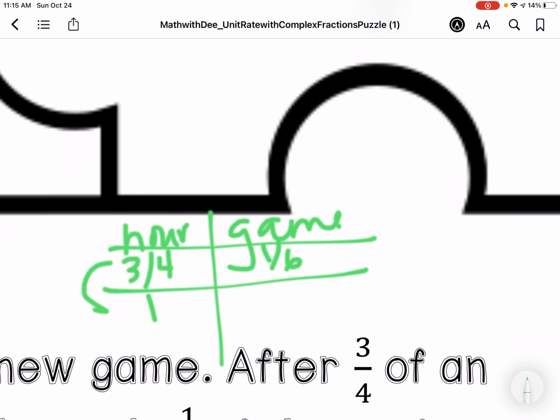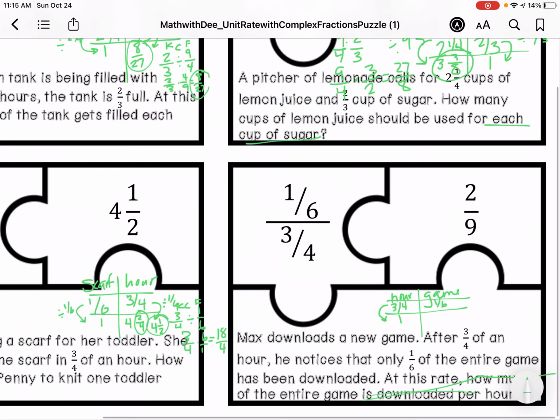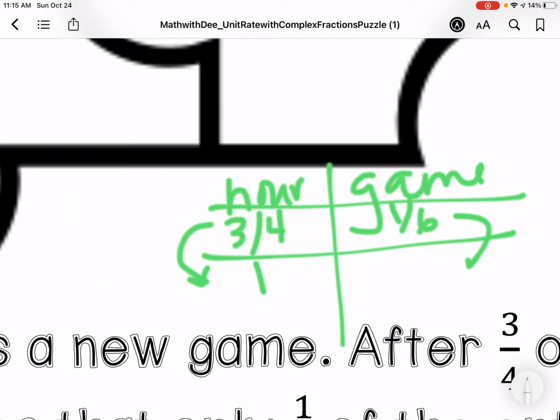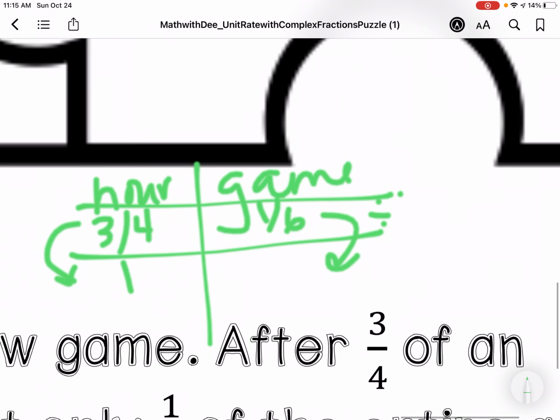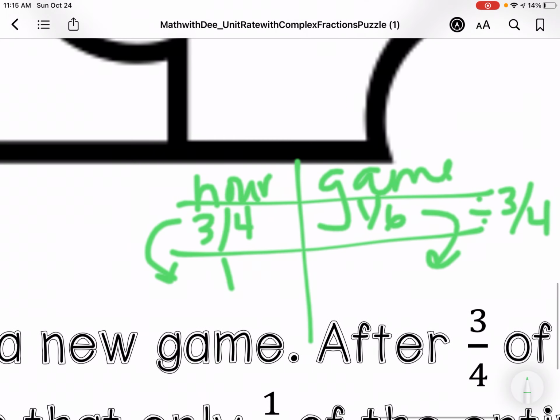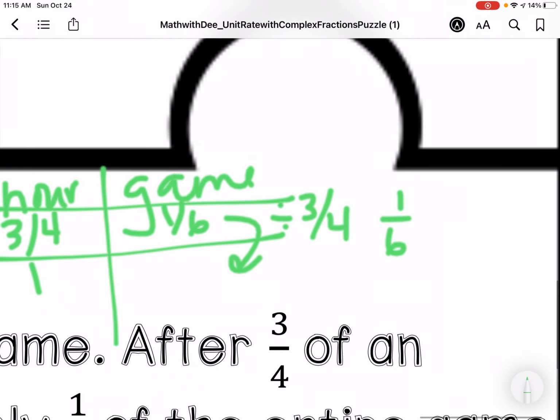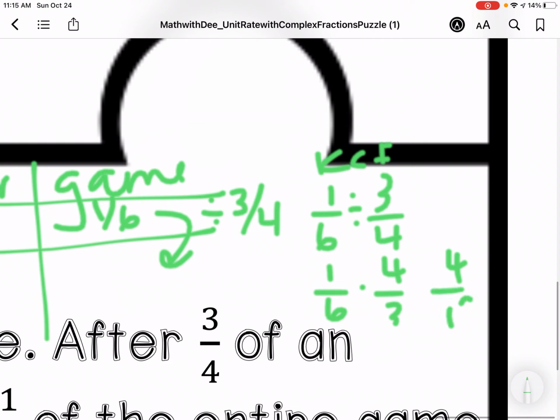I want to figure out after 1 hour, right? So I'm dividing by 3/4. So 1/6 divided by 3/4. Keep, change, flip. 1/6 times 4 over 3. That gets me 4 over 18.